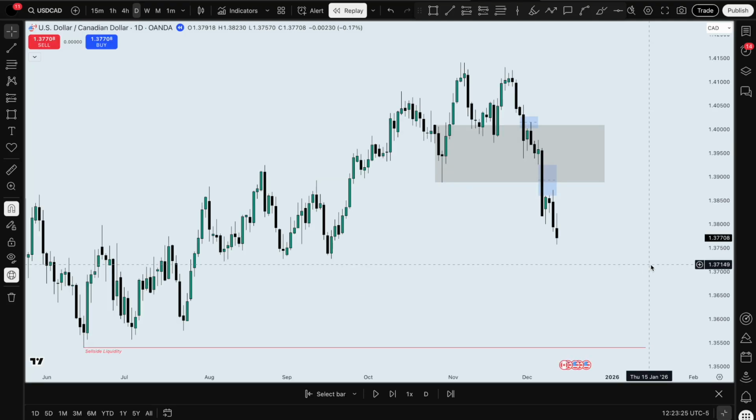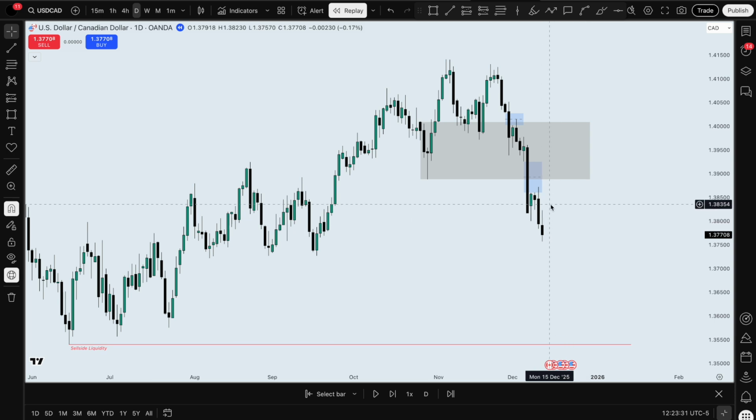For the first example, we are here on USD CAD. With my analysis, I wanted to see lower USD CAD. So my weekly daily bias was bearish.